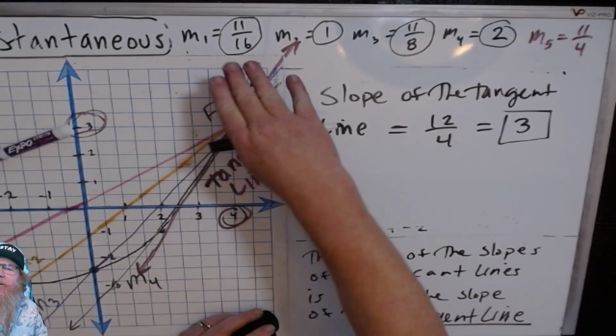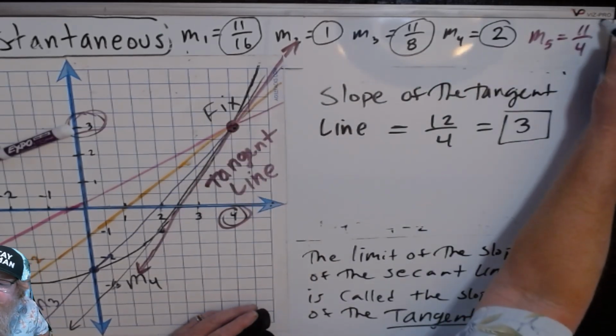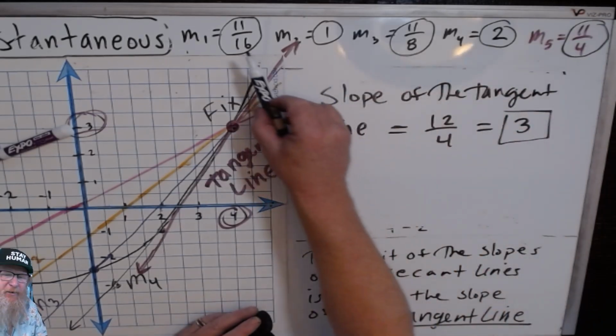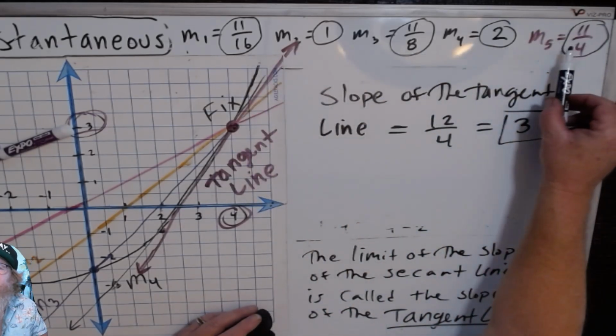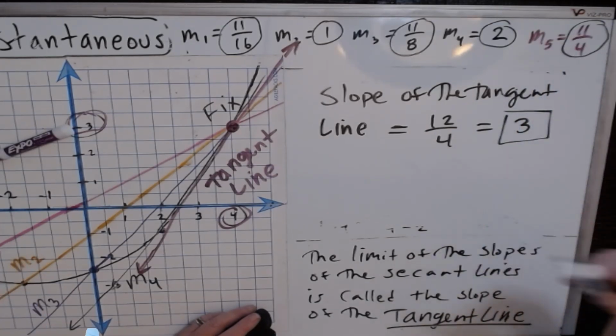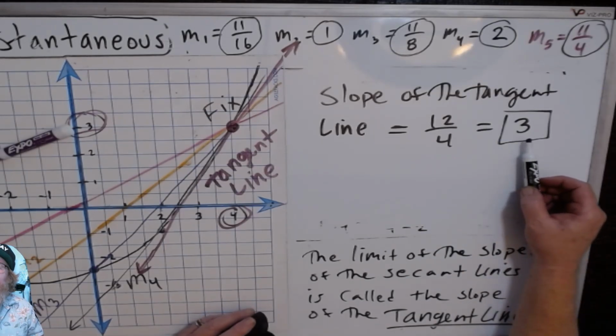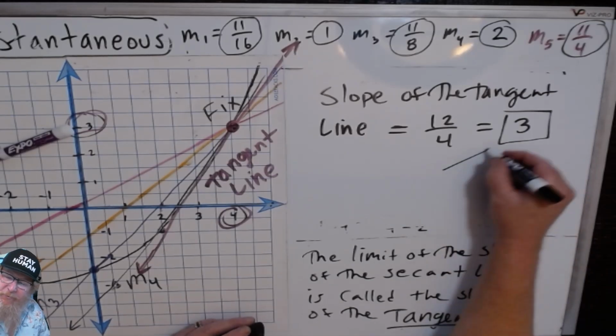So as I get closer and closer to this point, this sequence of numbers is going to go 11/16, 1, 11/8, 2, then 11/4, and then it'll just keep getting closer and closer to 3. So the limit is equal to 3.